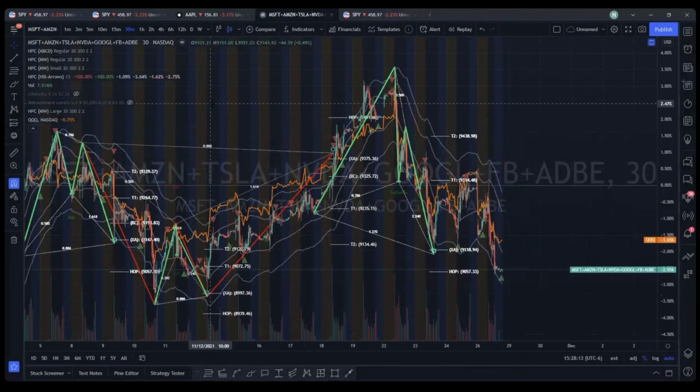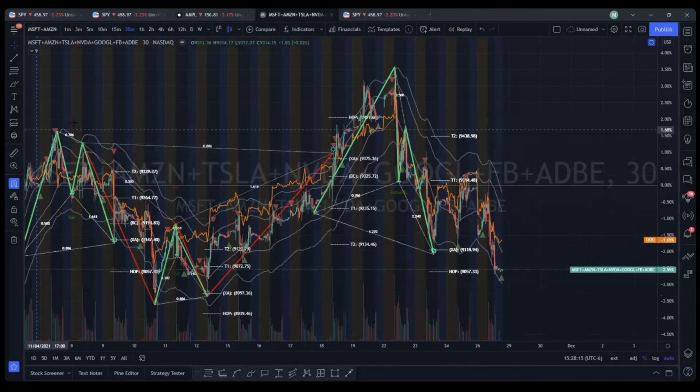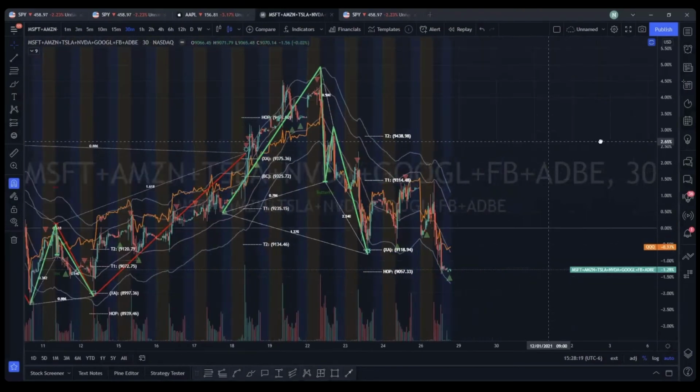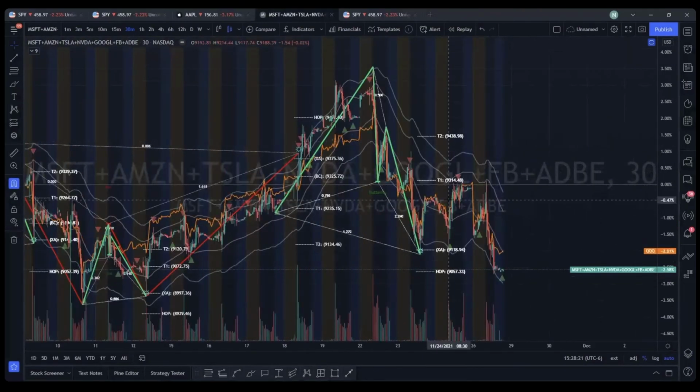What's really neat for me is I can take composite members of either SPY or QQQ. You add your top 5 members of that fund, the ones that are the largest percentage of it, and then I can actually see harmonics. If you look, our orange line here is the QQQ, on a 30-minute chart with extended hours.